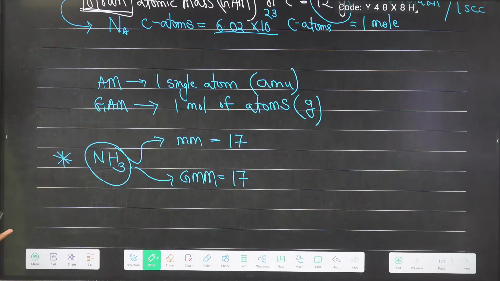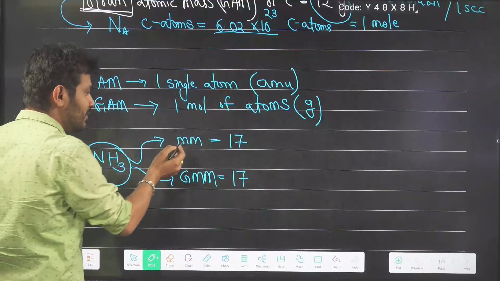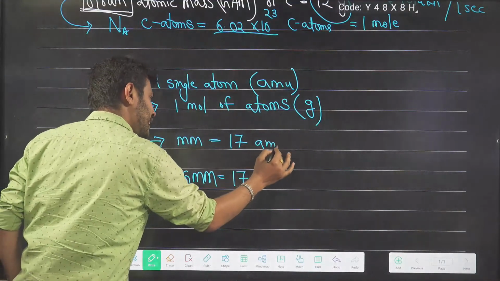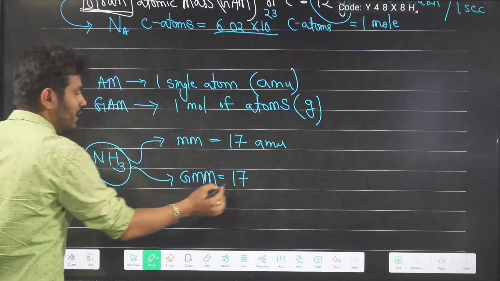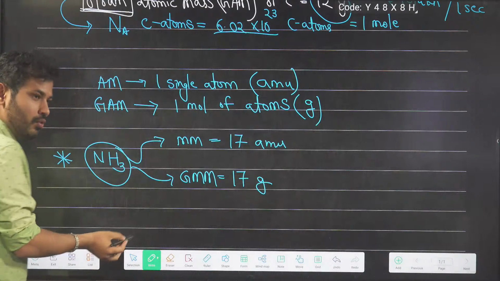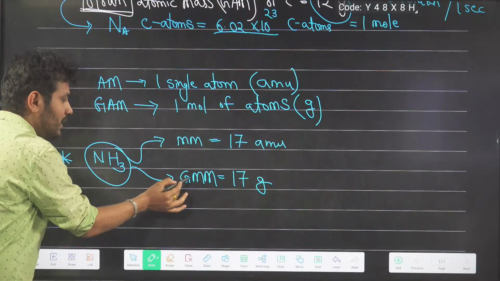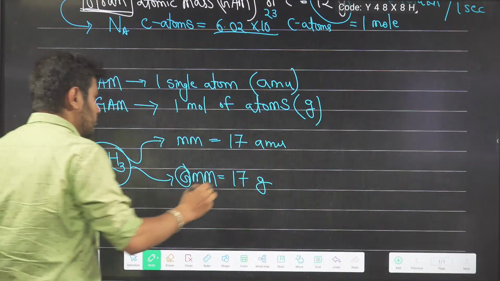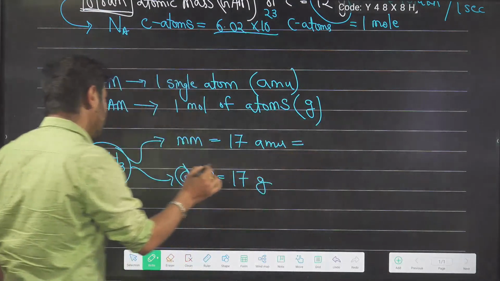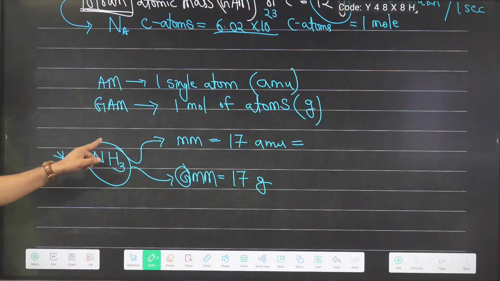But the difference is, molecular mass is 17 AMU, whereas gram molecular mass is 17 gram, because the word itself, gram molecular mass, is in terms of gram, the unit is gram. So can you tell me how many molecules are there in NH3?